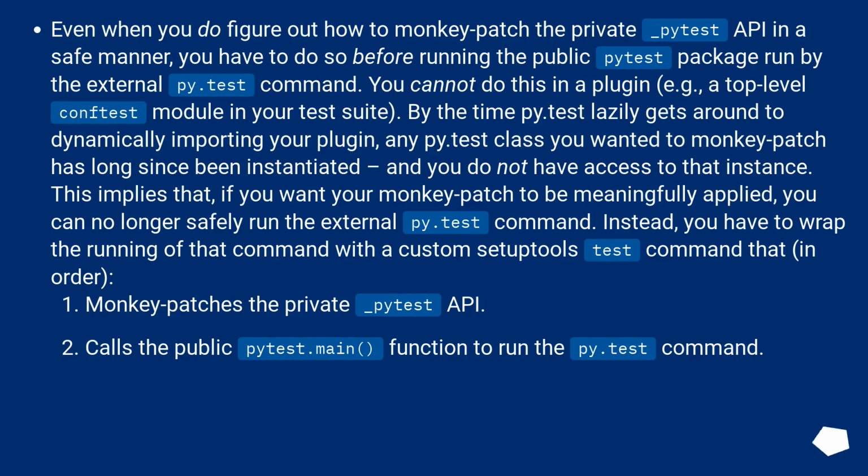This implies that, if you want your monkey patch to be meaningfully applied, you can no longer safely run the external py.test command. Instead, you have to wrap the running of that command with a custom setuptools test command that, in order, monkey patches the private _pytest API, then calls the public pytest.main function to run the py.test command.